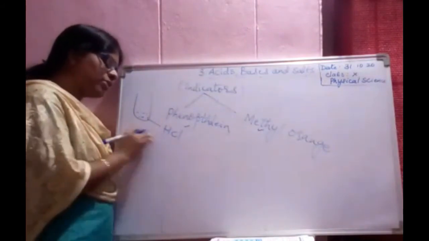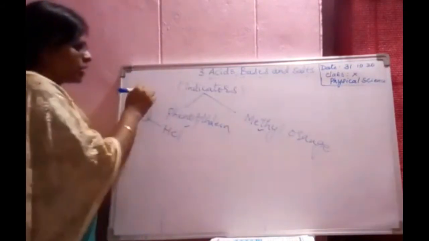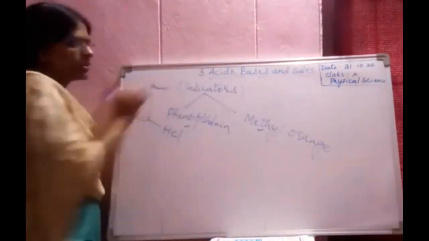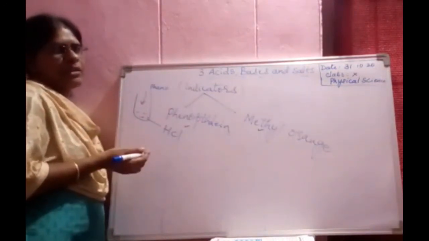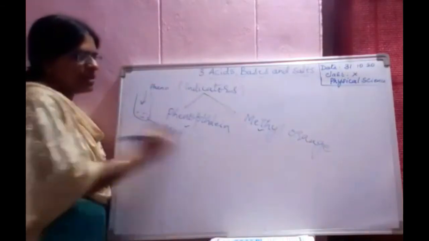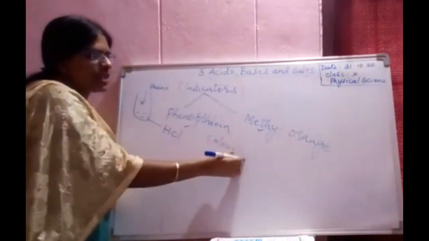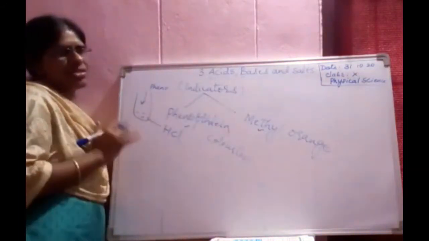I want to find out whether it is an acid or a base. First, what I am doing? I will add 2 or 3 drops of phenolphthalein. If I add phenolphthalein to HCl, it is a colorless solution, there won't be any change in the color. Colorless or unchanged, you can write.